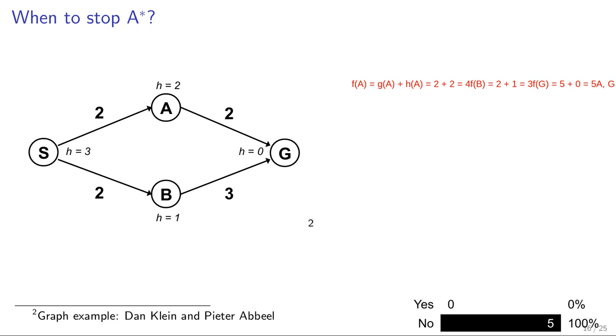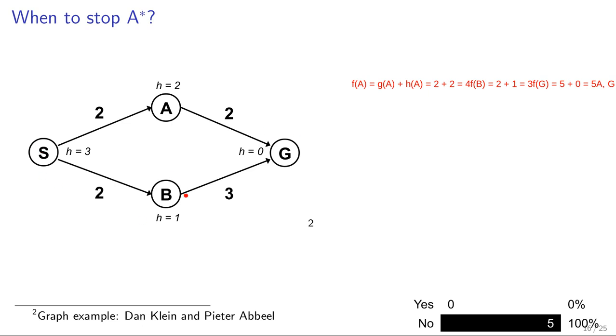The values of sums. So the node cost is the sum of the backward cost, which is the G, and the forward cost, which is the heuristics. That's the H. So for an A, it's the 2 we got to A from S plus the heuristic, which is this 2. Okay. For the B, it's this 2 plus 1.